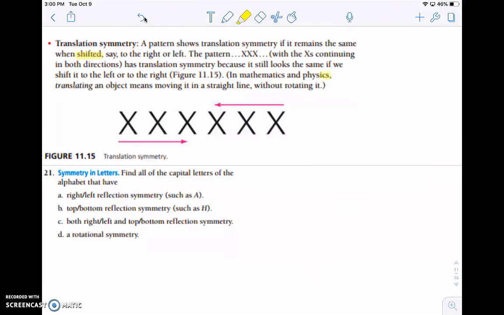In math and physics, translating means you move it in a straight line without rotating. So you can go in a straight line this way and then a straight line vertically. But we're not going to be doing any going along a diagonal. We're going to do horizontal shifts and vertical shifts for our translations.